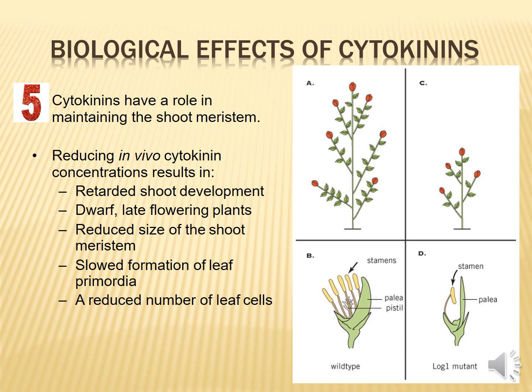If cytokinin is low, meaning the in vivo or endogenous cytokinin concentration is reduced, the plant may show retarded shoot development, dwarfing or reduced size of the shoot meristem, or slow formation of leaf primordia. You need to know that leaf primordia are the new leaves at the apical parts, and they may also reduce the number of leaves.